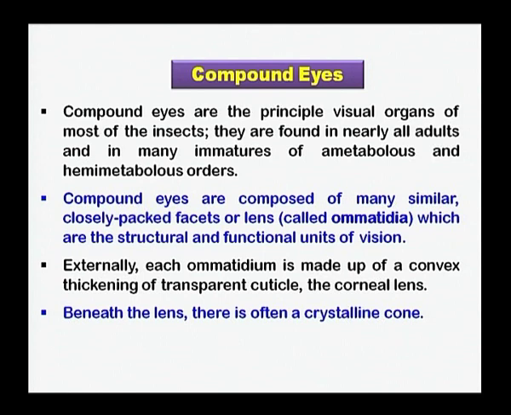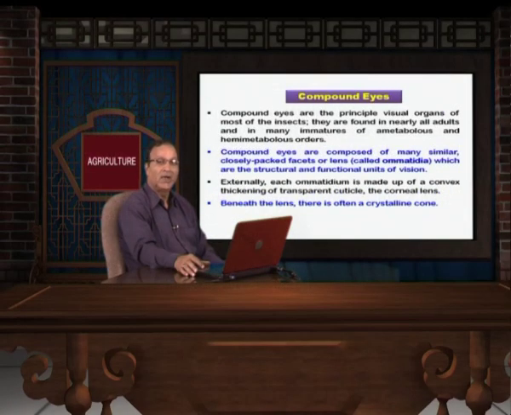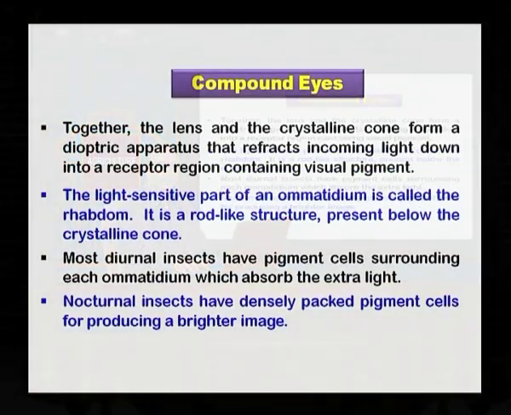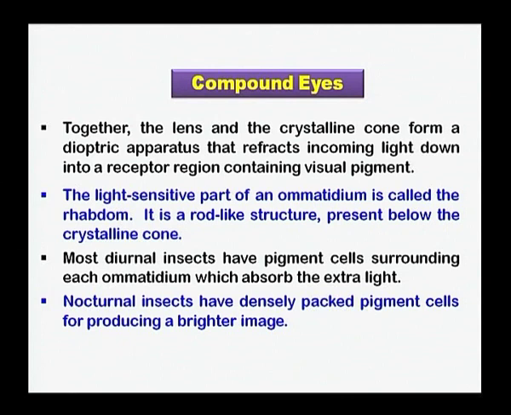Externally, if we look into the ommatidium, it is made up of a convex lens which is transparent and made up of cuticle, which is known as the corneal lens. Below the lens, we find a crystalline cone. This crystalline cone, along with the dioptric apparatus, makes a visual component, and the light which passes through this corneal lens and through the crystalline cone reaches the rhabdom, which is directly connected to the nervous system.